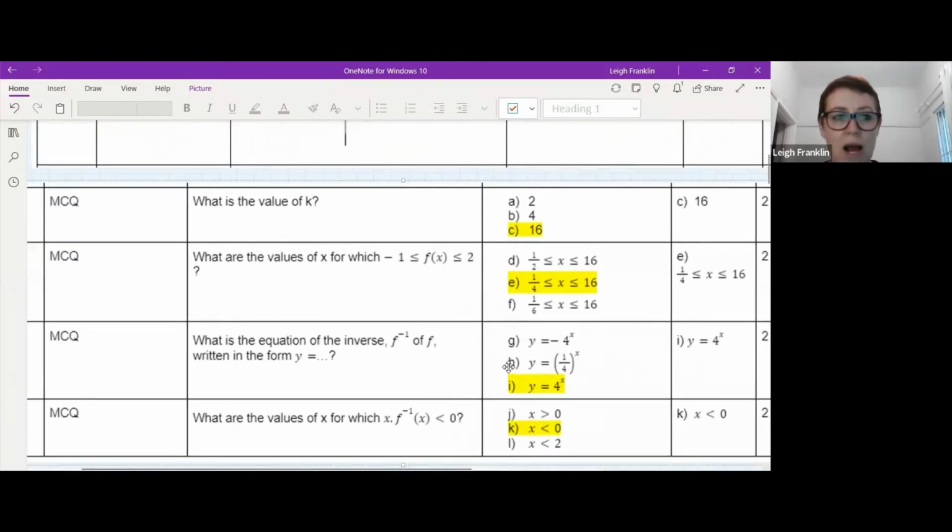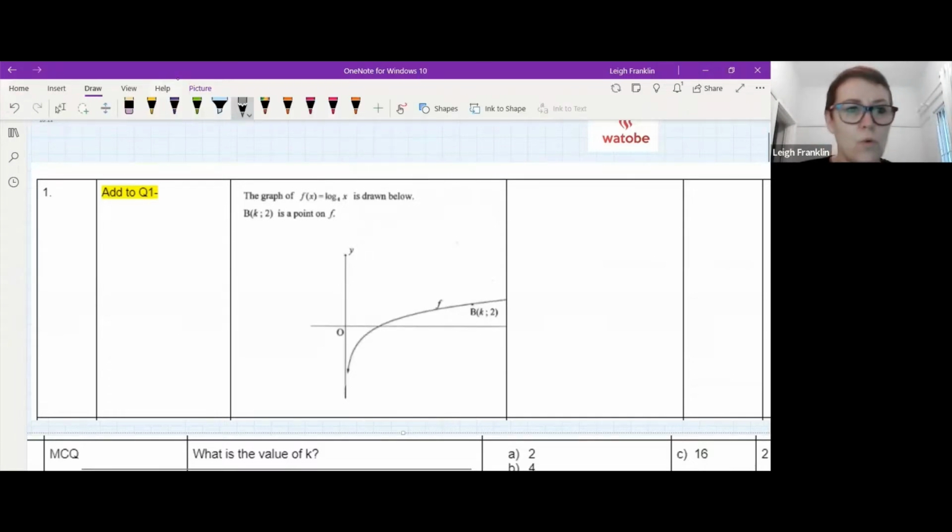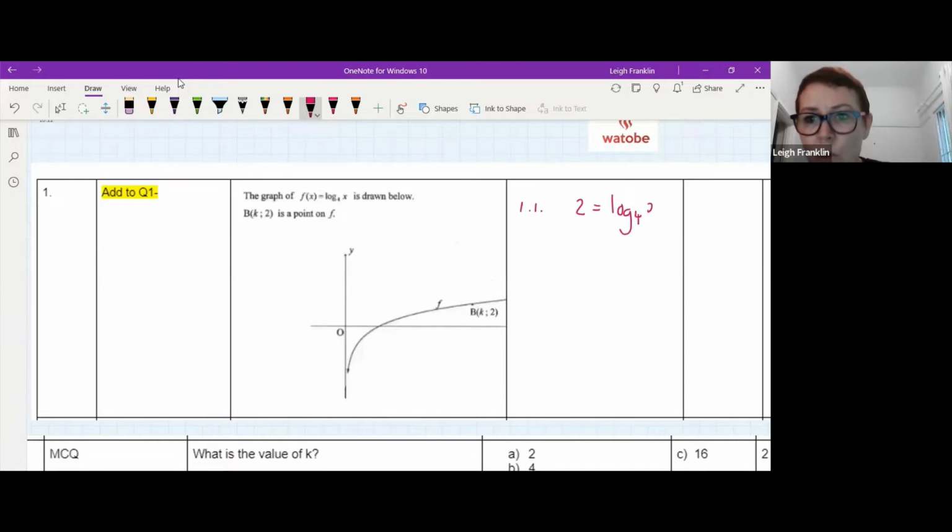Let's just go through how we would have actually done that though. For question 1.1, we would have said that 2 equals log base 4x.